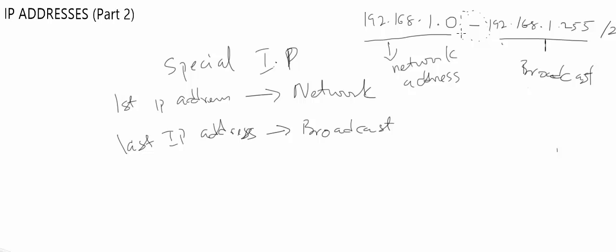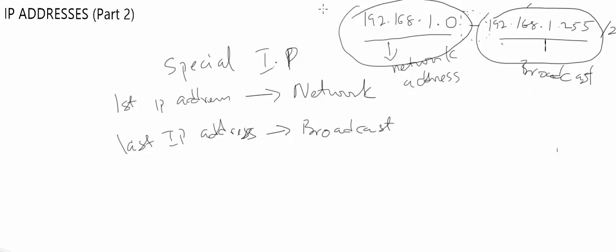And how do I announce it? This is our megaphone. I just send it to this address, and it amplifies the message to everybody that is a member of this network. Simple. These are the two special IP addresses, the first and the last IP addresses.